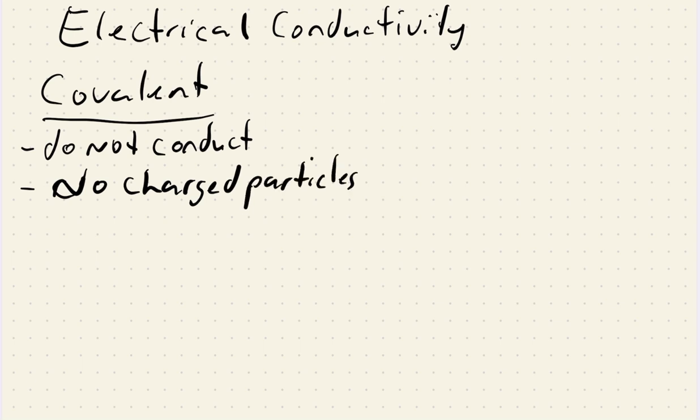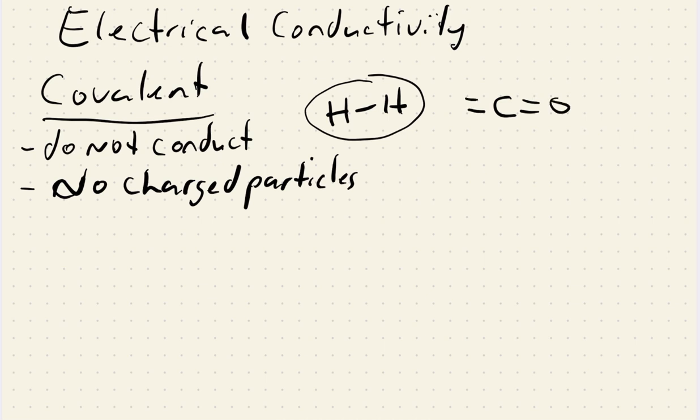All the electrons are caught up in those bonds that we talked about. So it does not conduct electricity. They form these simple molecules. Hydrogen is an example. Carbon dioxide is another example. And so we can see that the electrons are located in the bonds, and that means that there are no charged particles free to move.